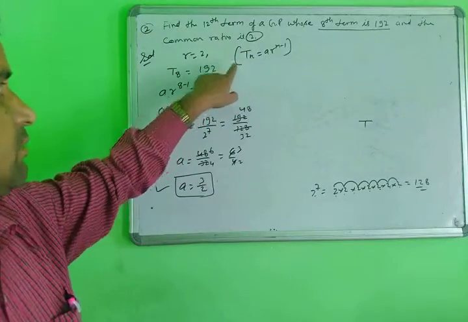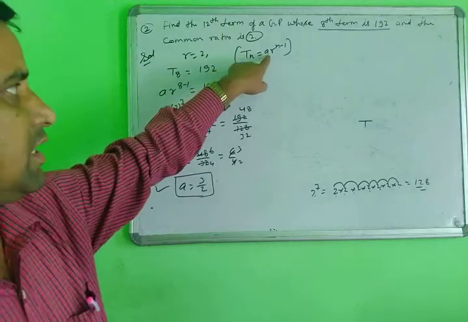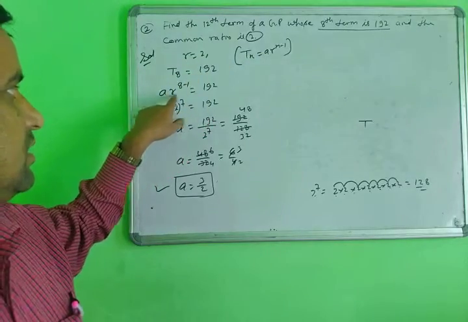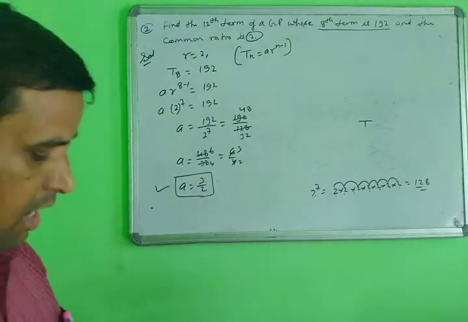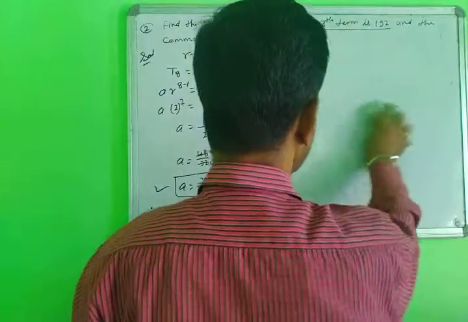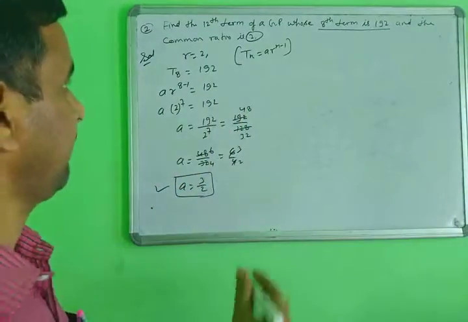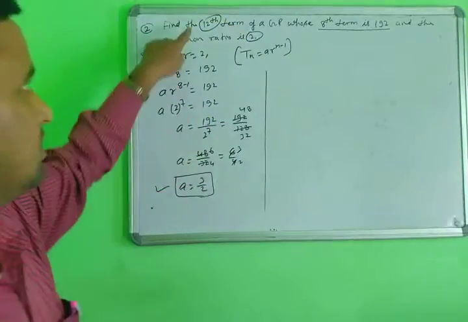Here for the 8th term you put n as 8, find A, and after that you will get the 12th term.